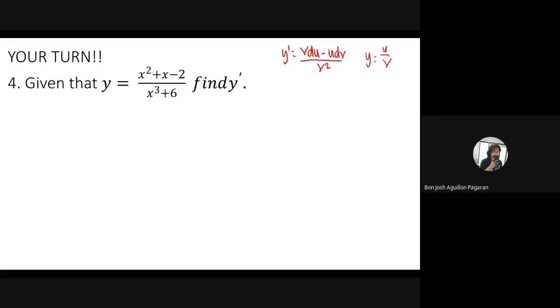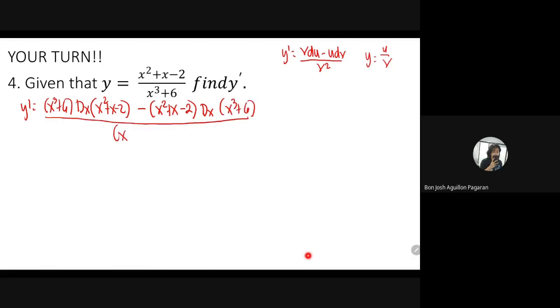So here we have, let's have the denominator first, which is x cubed plus 6 multiplied by the derivative of the numerator, x squared plus x minus 2, minus the numerator multiplied by the derivative of the denominator, x cubed plus 6, over x cubed plus 6 quantity squared.